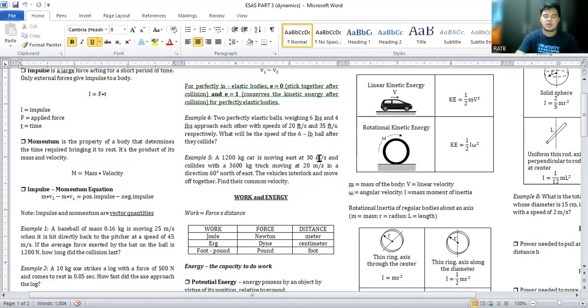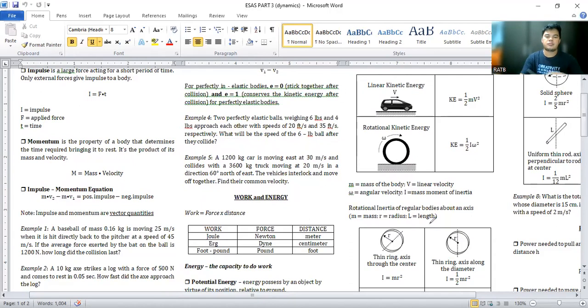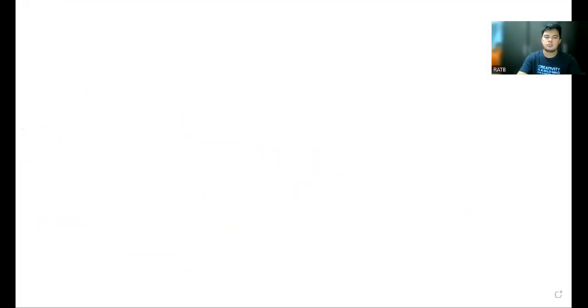Kindly get the data first before we shift the screen to the whiteboard. Okay, so for example number 4, you have as given two perfectly elastic balls.